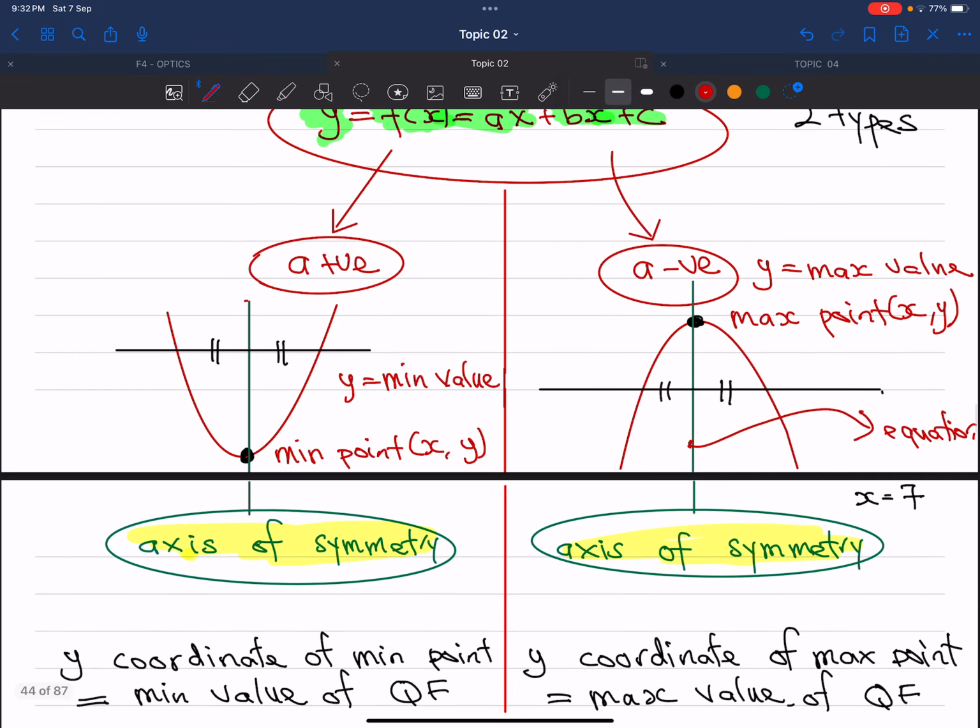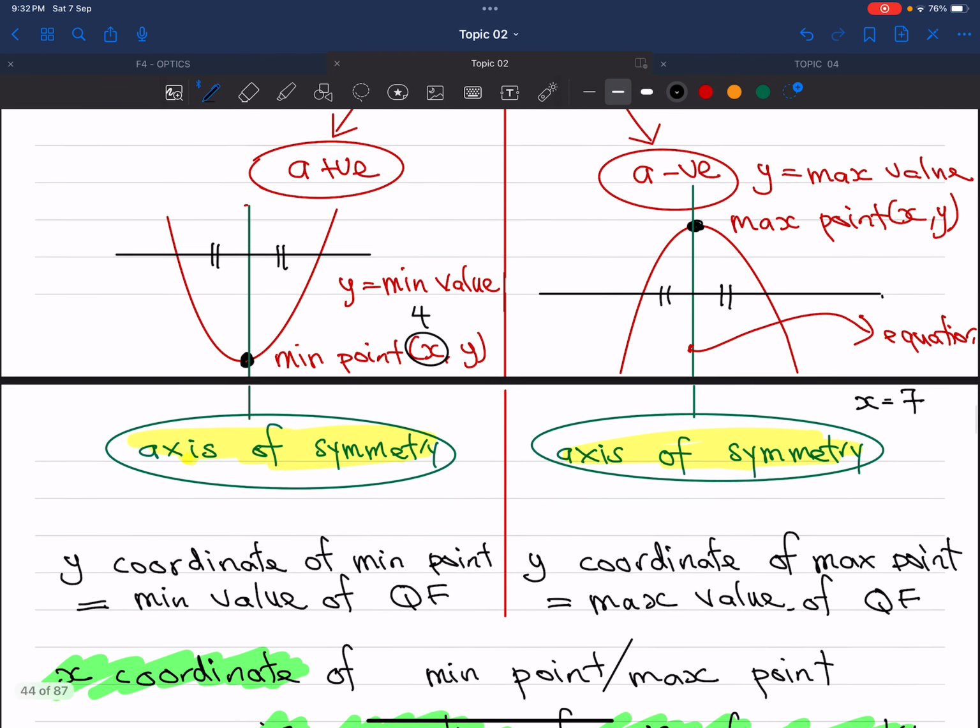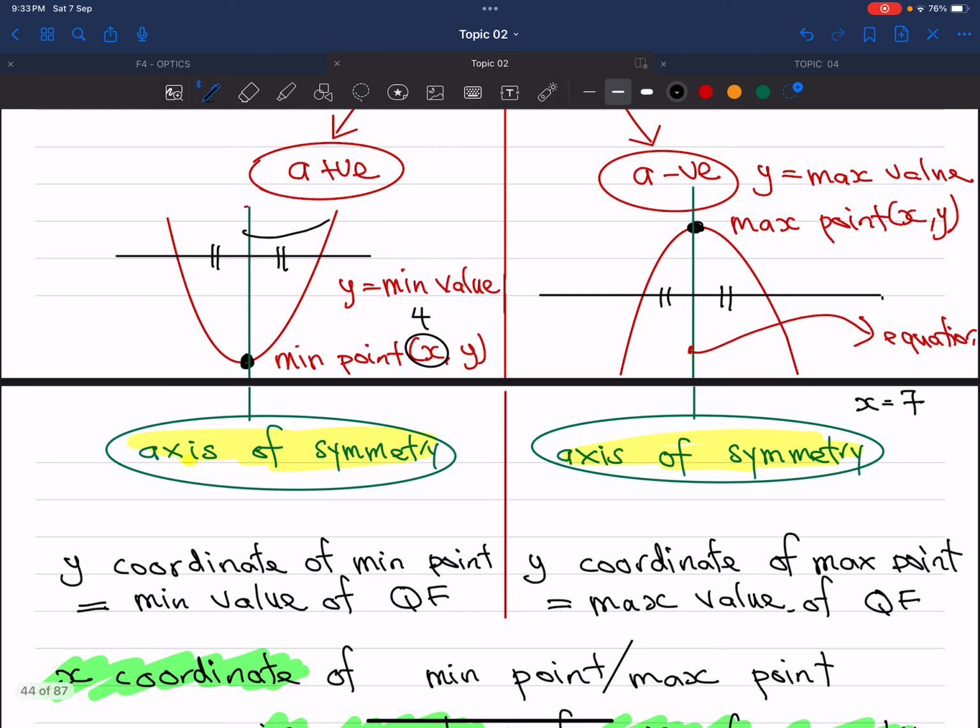Now let us say this x coordinate is 4. So this axis of symmetry has the equation x equals 4.